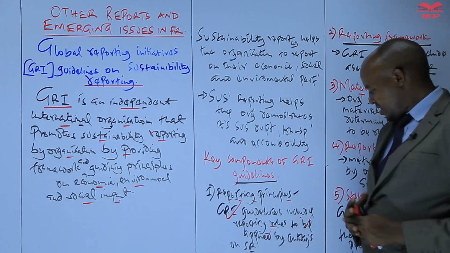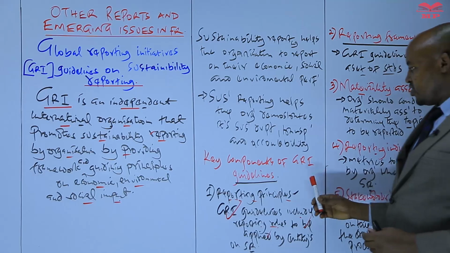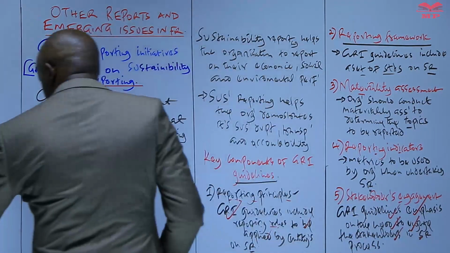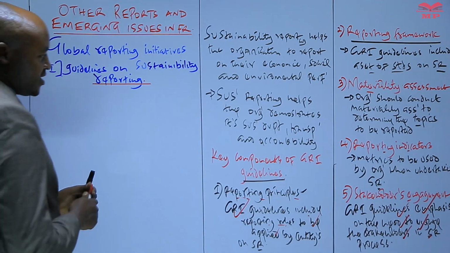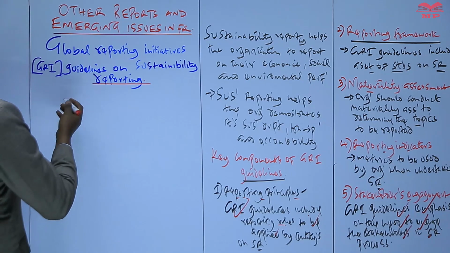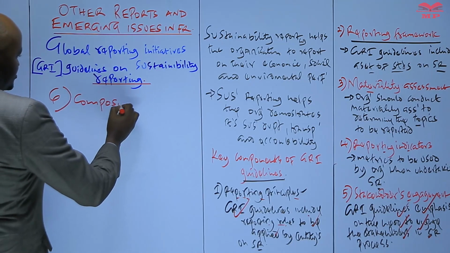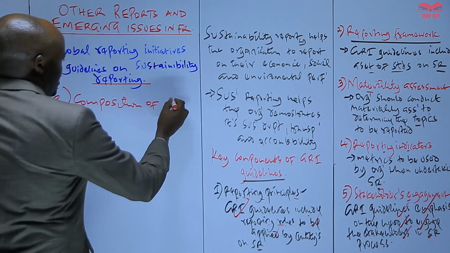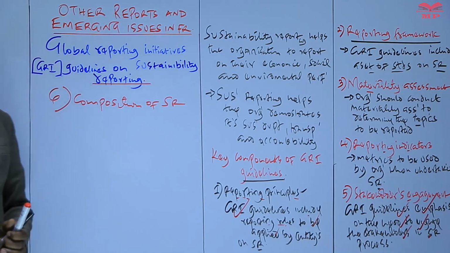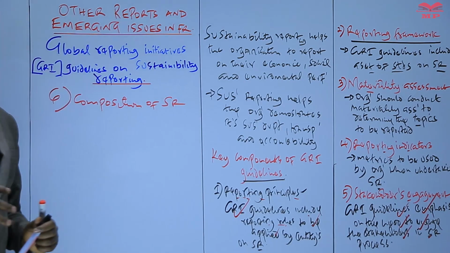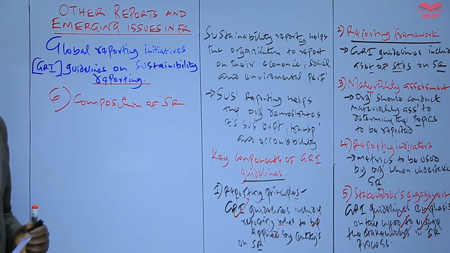So let's proceed and look at the other key component of the Global Reporting Initiative guidelines, number 6. So we have the last key component of Global Reporting Initiative guidelines, number 6, and that is the composition of sustainability report. And these guidelines issued by the Global Reporting Initiative basically provide the content of a sustainability report.